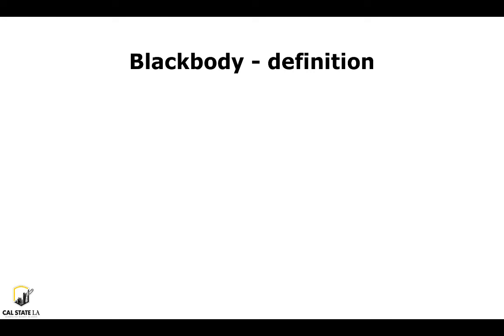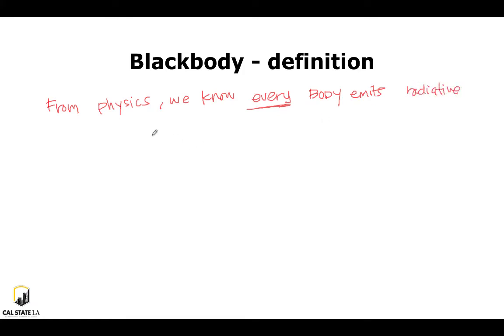A really important definition that we learn from physics is something called a blackbody. From physics, we know every body emits radiative energy according to this equation.